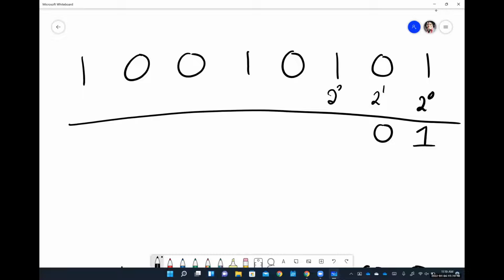This is 2 squared, which is 4. We bring 4 down. Next one we don't worry about. This is 2 to the power of 4, which is 16. Bring that down. This would be 32, we don't worry about. 64, we don't worry about. 2 to the power of 7, which is 128.